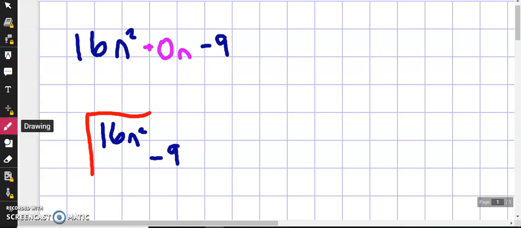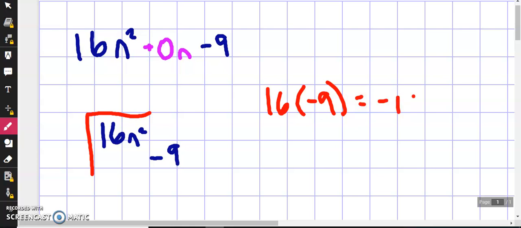So just like in the last video, I'm going to take the 16 and the negative 9 and multiply them to 144. And I'm going to think of things that multiply to 144 that could subtract to 0.